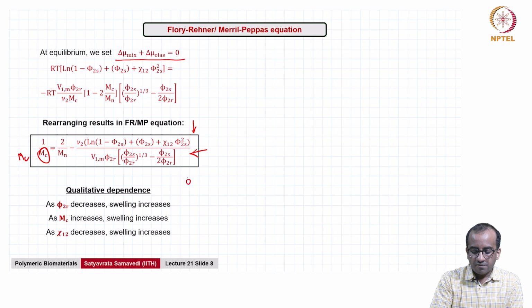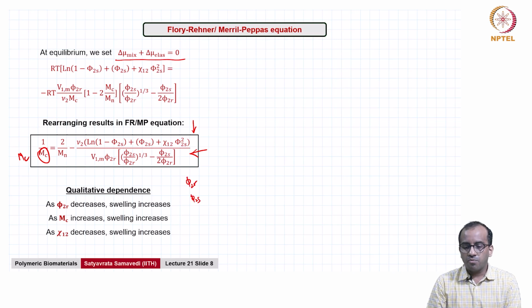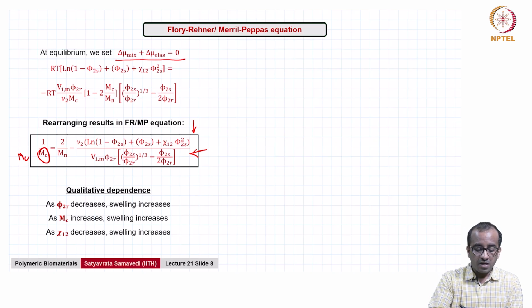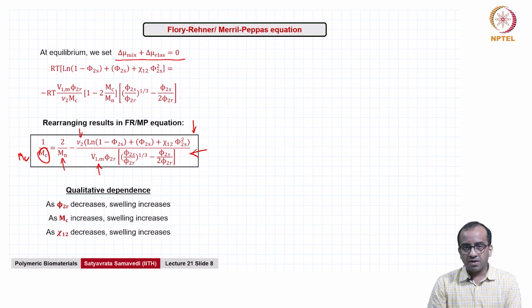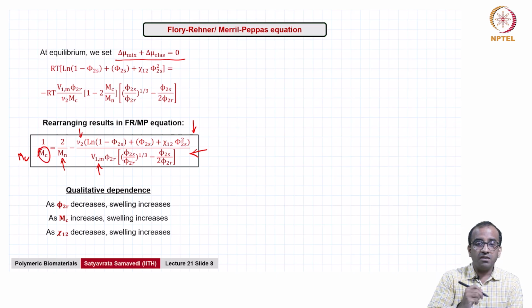Remember that Phi2R and Phi2S are accessible experimentally because they are related to QR and QS, as we saw earlier in this lecture. Based on measurements of capital QR and capital QS, you can access Phi2R and Phi2S, and if you know the molar volume of the solvent and nu2, and if you know the number average molar mass of the initial polymer chains, you can actually determine MC from this equation.